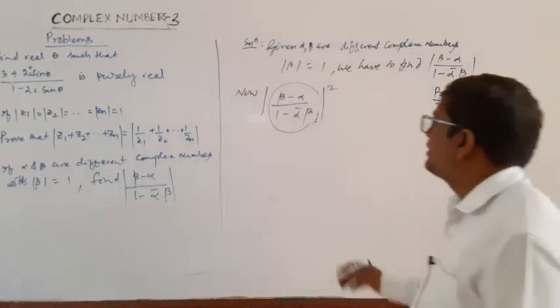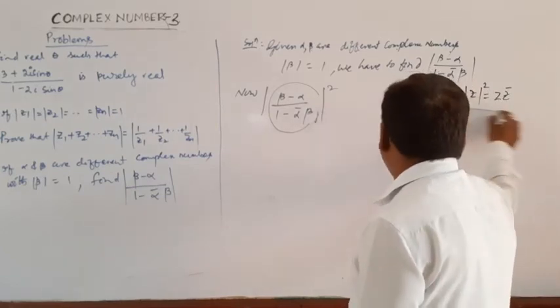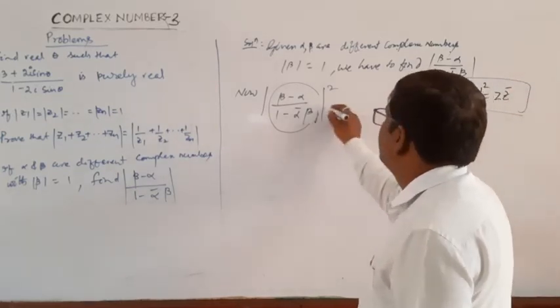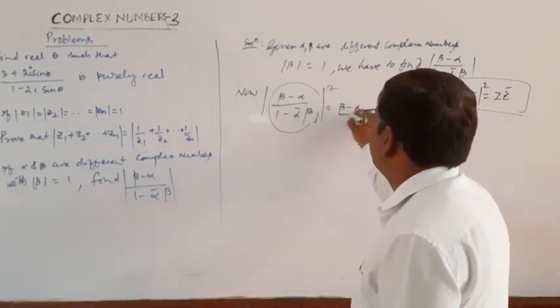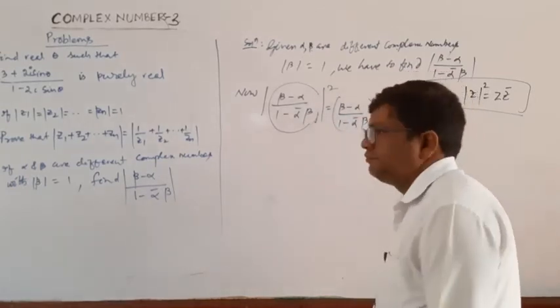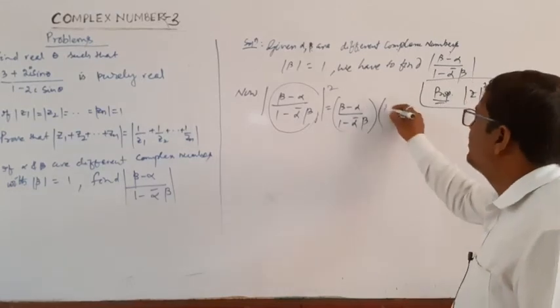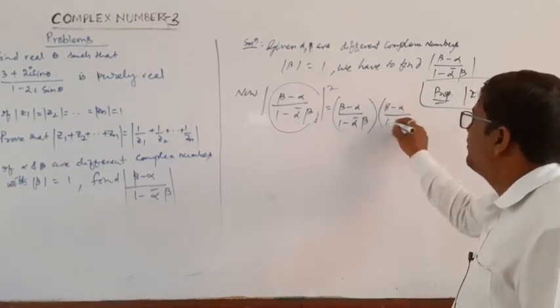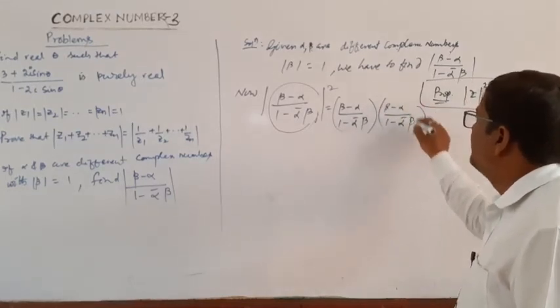So this can be written as (beta minus alpha) divided by (1 minus alpha bar beta), into the conjugate of (beta minus alpha) divided by (1 minus alpha bar beta).